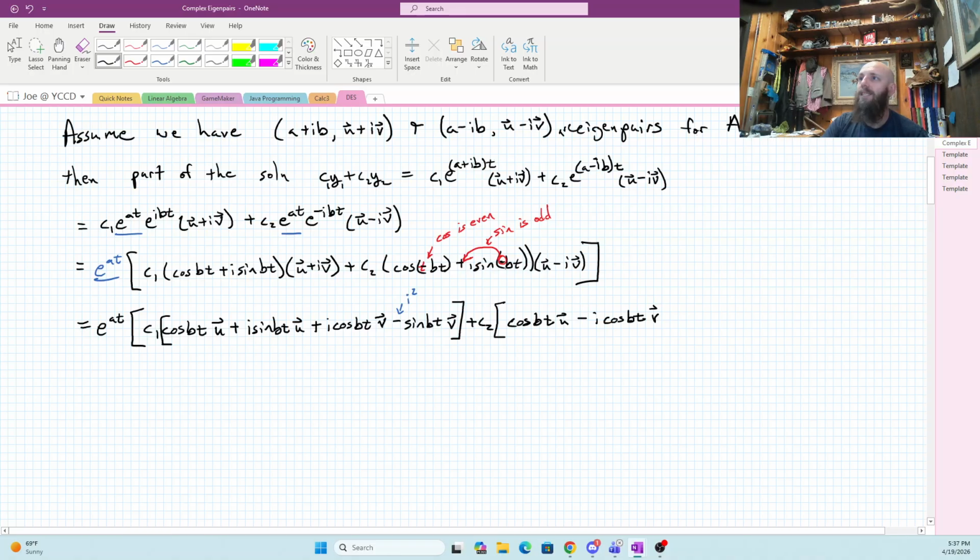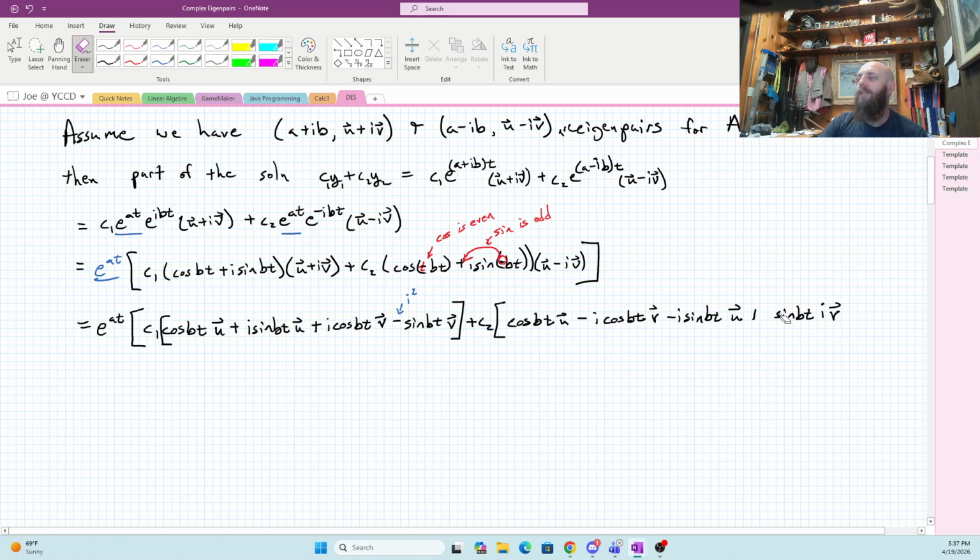So I got a minus i sine of bt, and that's going to be multiplied by u. And then I got a minus i sine bt, but then there's another minus, so that's a plus, v.